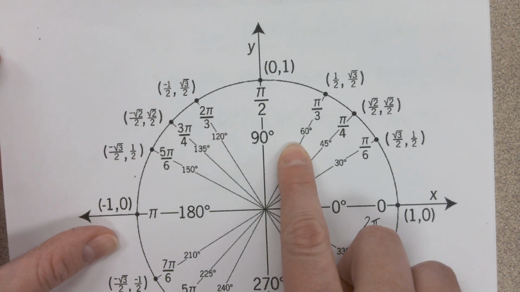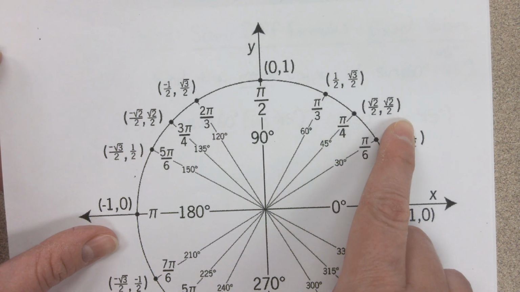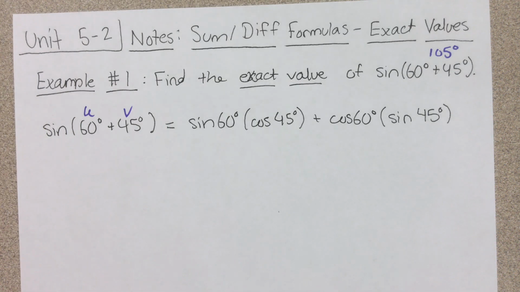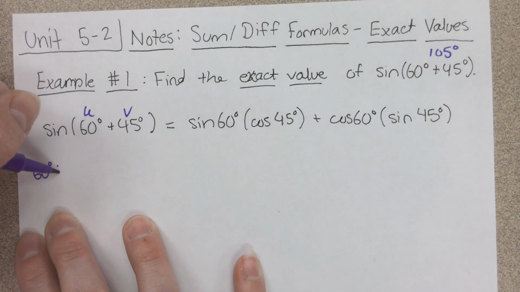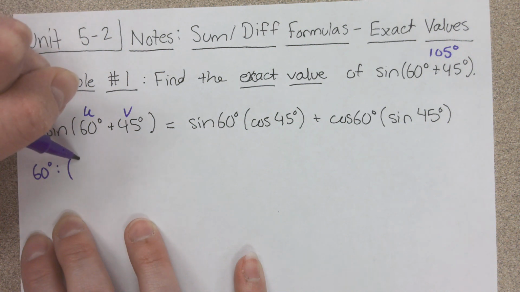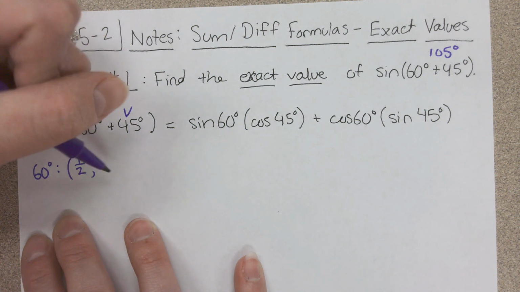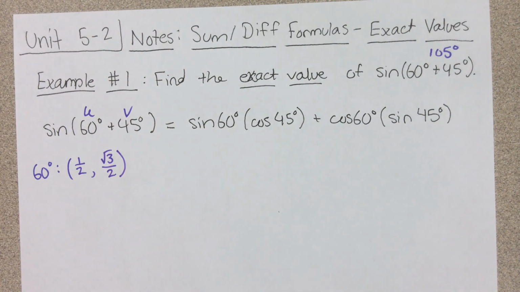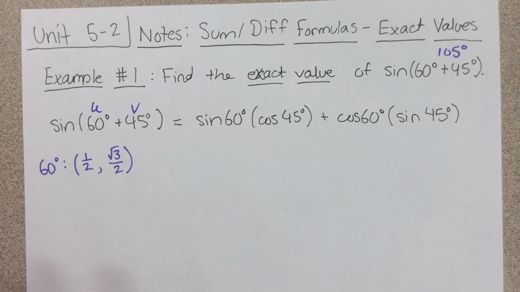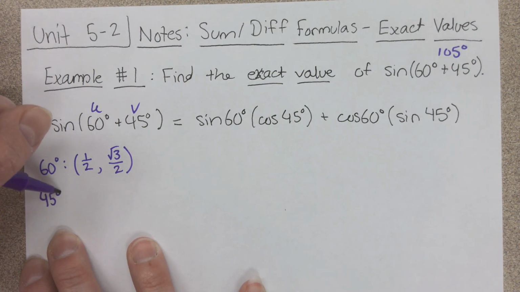So I'm going to pull these points directly from the unit circle for 60 and 45. 60 degrees, the point there is 1/2, rad 3 over 2. And 45 degrees, it's rad 2 over 2 for both of them.